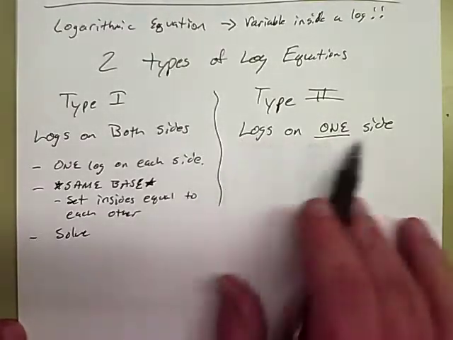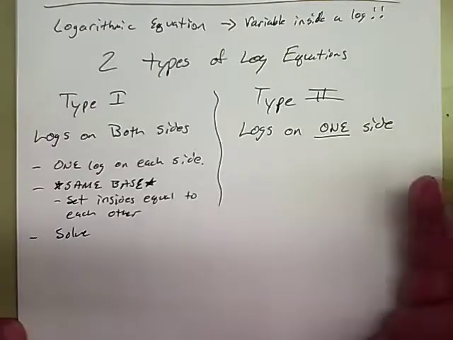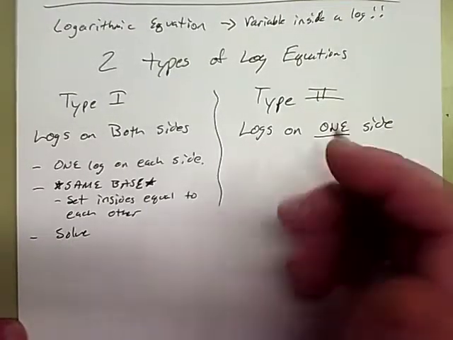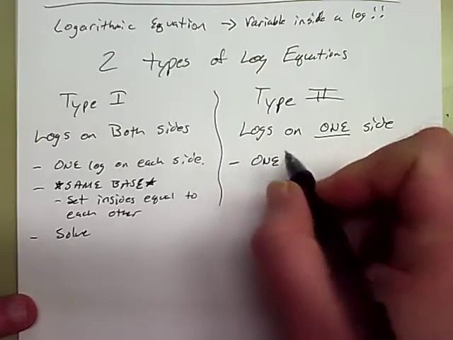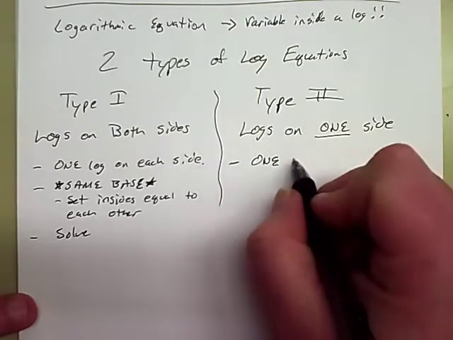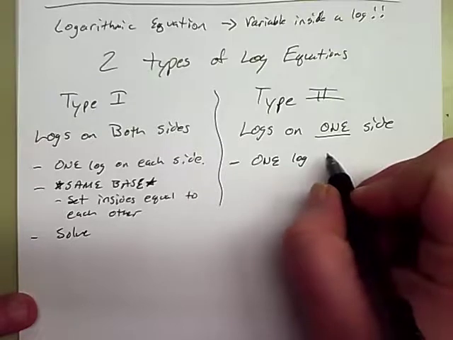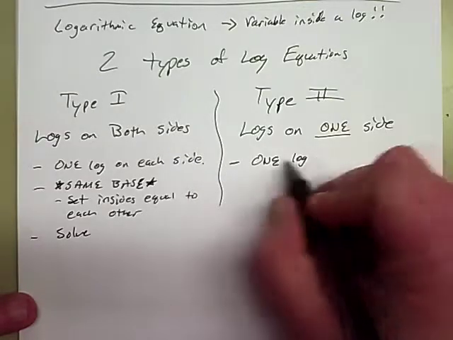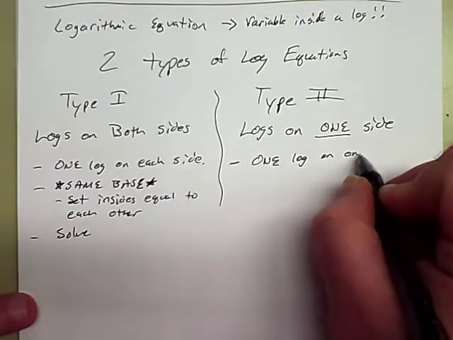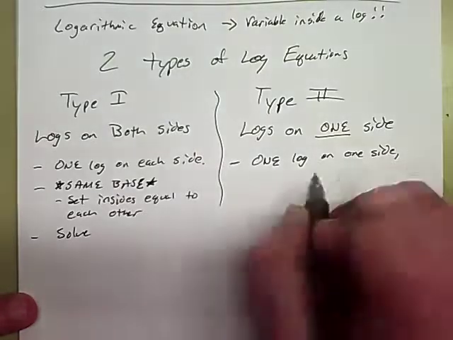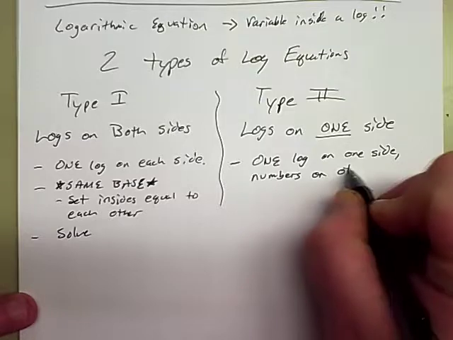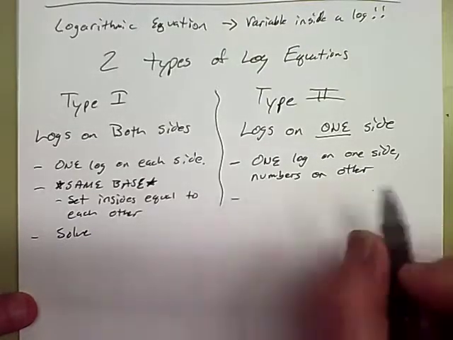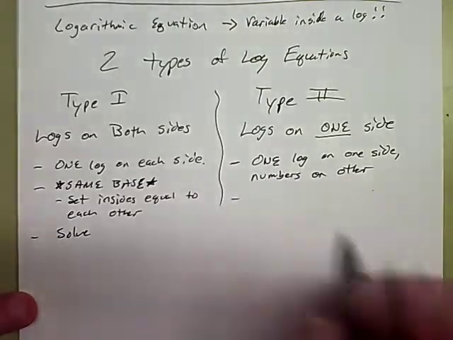Okay, what if there's only one logarithm, or logarithms only on one side? The first thing I need to do is make sure that I have one log on one side, and then numbers on the other. In other words, we're going to isolate the logarithm.